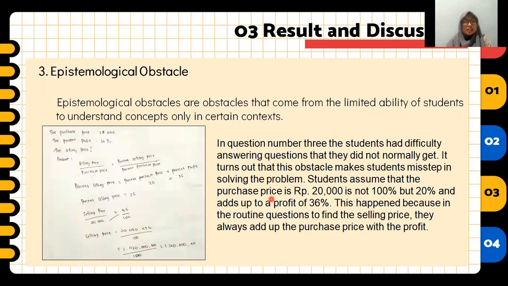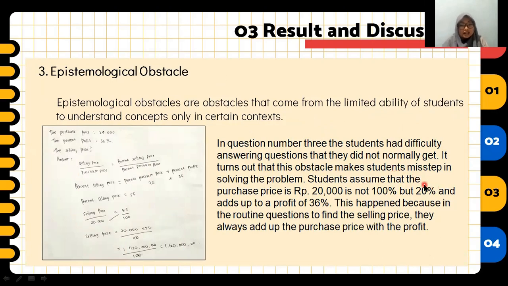The third learning obstacle is epistemological obstacle. Epistemological obstacles are obstacles that come from the limited ability of students to understand concepts only in certain contexts. In question number 3, in the test I prepared before, the students had difficulty answering a question that they didn't normally get, or the question is non-routine. It turns out that each obstacle makes students misstep in solving the problem.